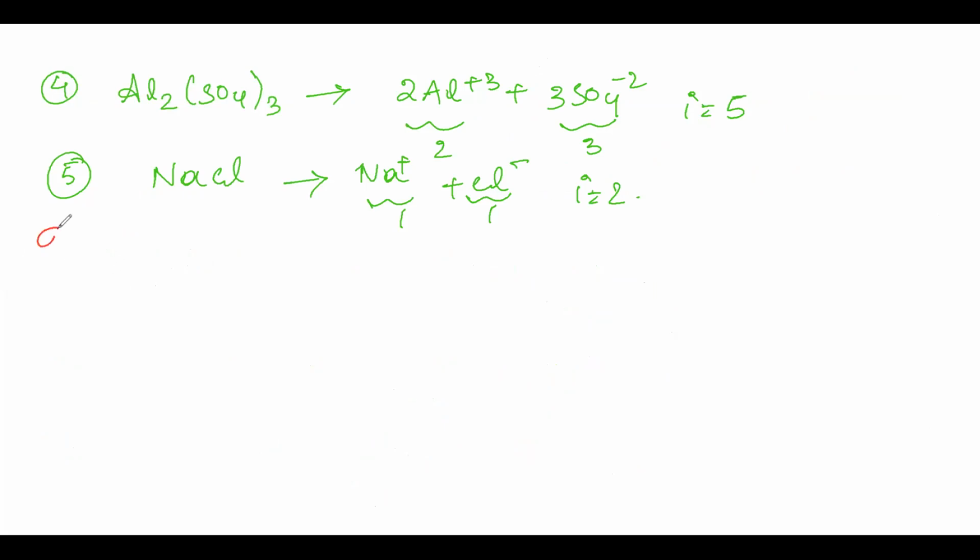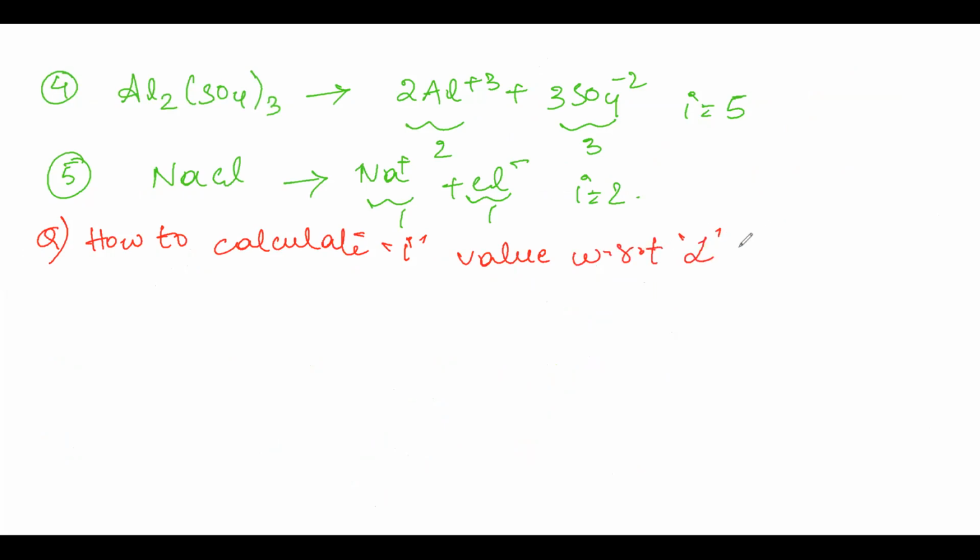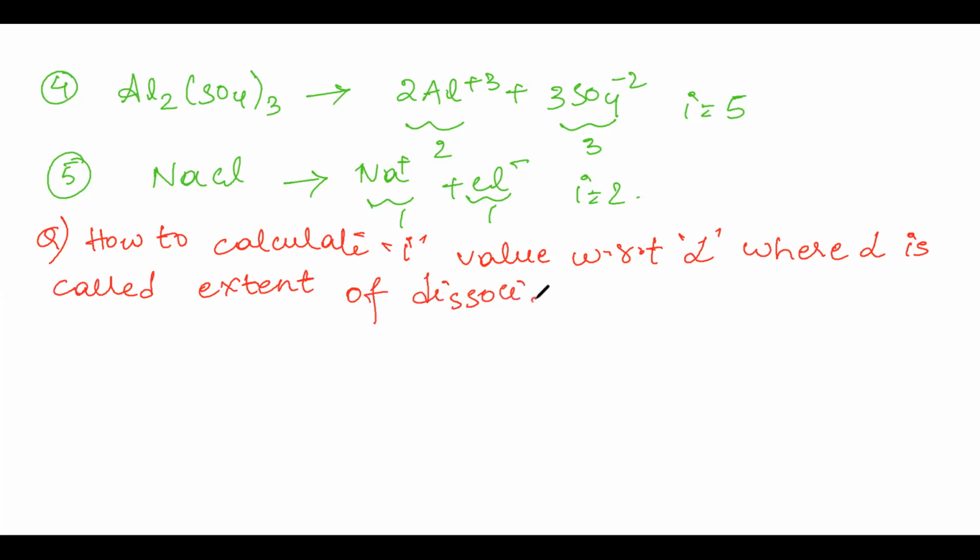Now, next topic: how to calculate the i value with respect to alpha, where alpha is called the extent of dissociation or association.